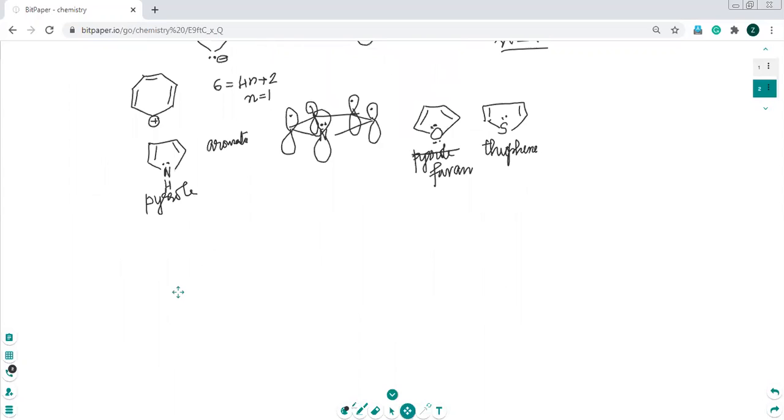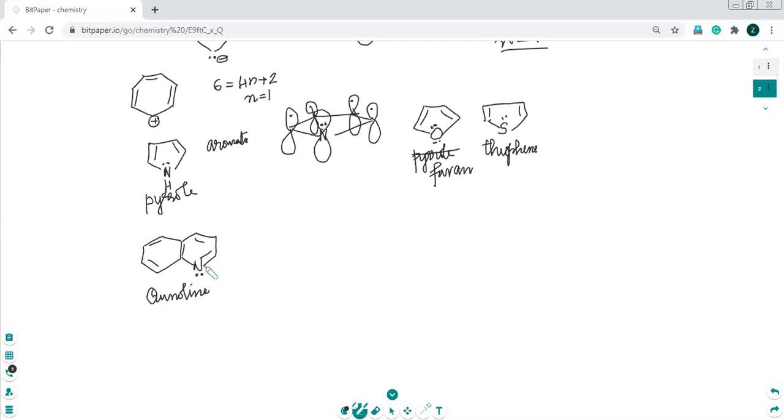And then look at these two compounds. I have two compounds here. Very similar. This is called quinoline. You have a lone pair of electrons here. This is very confusing.